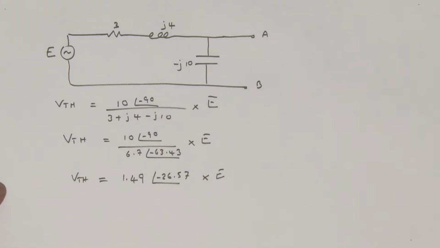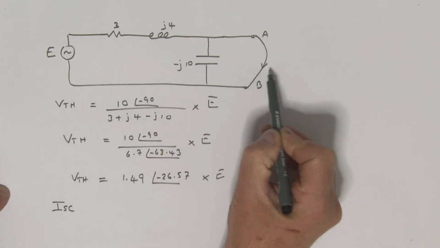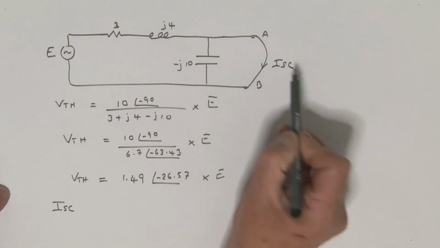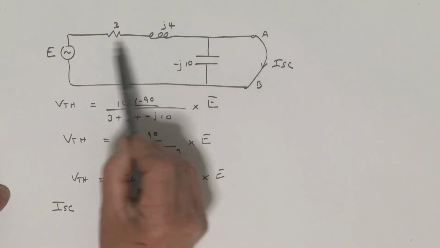Let's see now if we can determine the short circuit current. So I short circuit, putting a short across here, and we're trying to calculate that current, I short circuit. No current is flowing through this, so it's an easy calculation, isn't it?